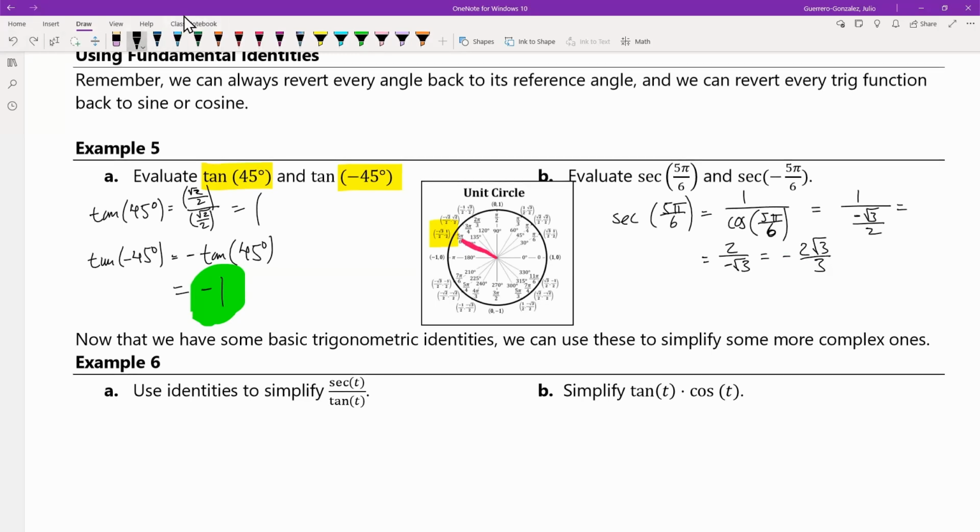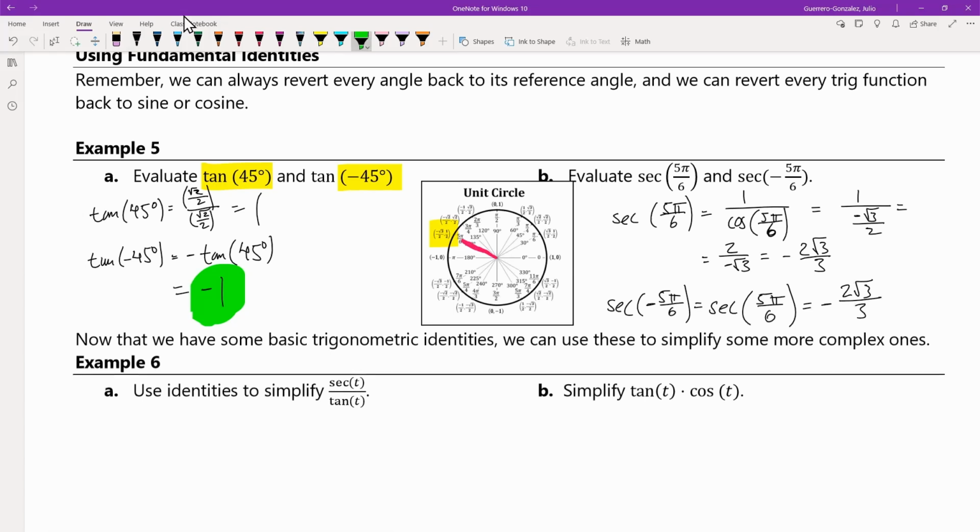We were looking for this. Secant is an even function, so that means that the negative in here sort of goes away. So this is equivalent to secant of 5 pi over 6, which means this is also equal to negative 2 square root 3 over 3.